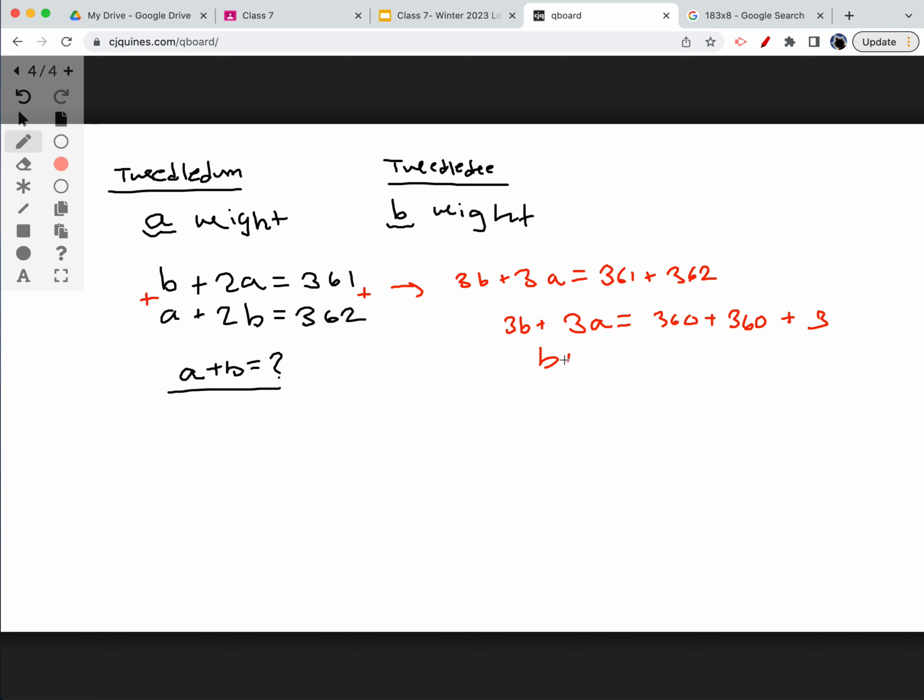So this will be B plus A is equal to 120 plus 120 plus 1, which is 241. So that means A plus B is 241, which is what we were looking for.